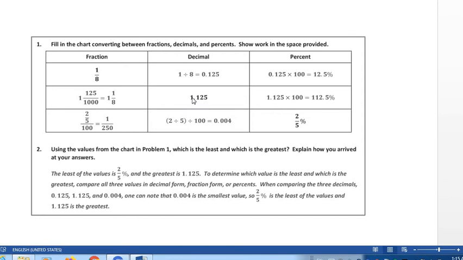1.125 is given, and he asks me to find here the fraction and the percent. It's very easy. When I want to convert it into percent, I just multiply by 100.